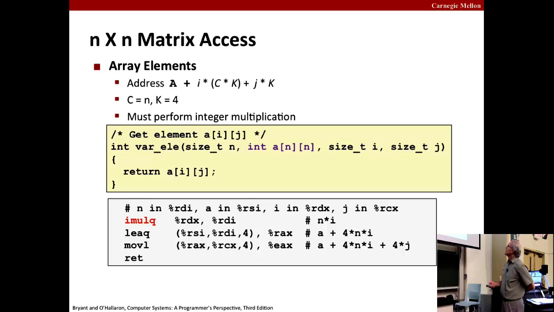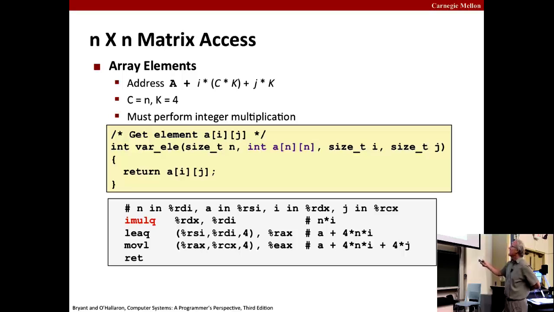On the other hand, in the third example I showed, where n is a parameter that's passed to the function, it's not known at compile time how big a scaling factor to use. You'll see that it has to use a multiply instruction to do that, which is a relatively expensive instruction in terms of performance.